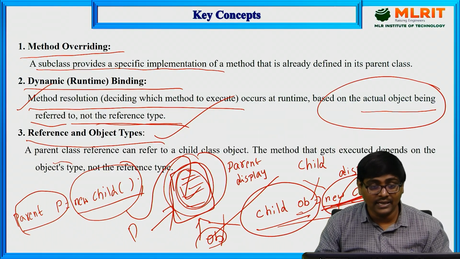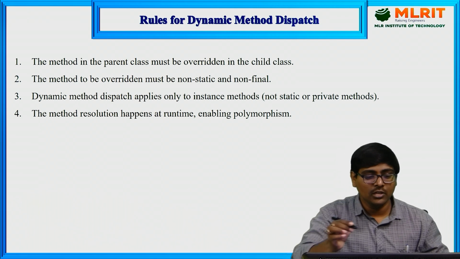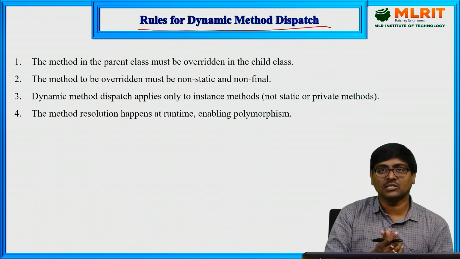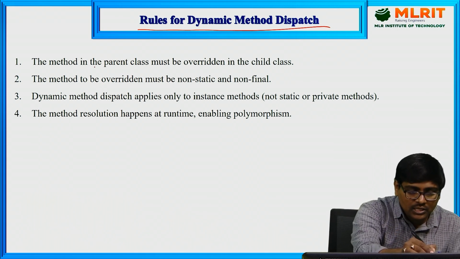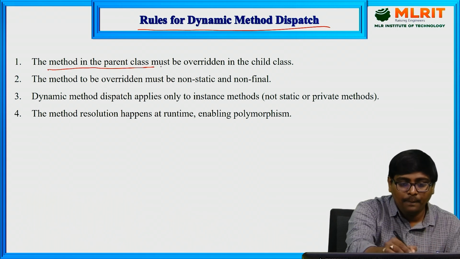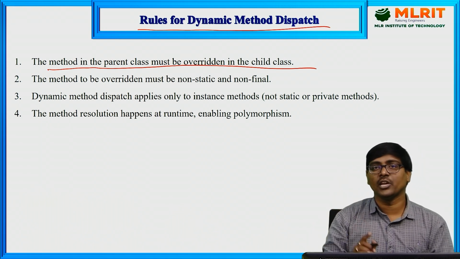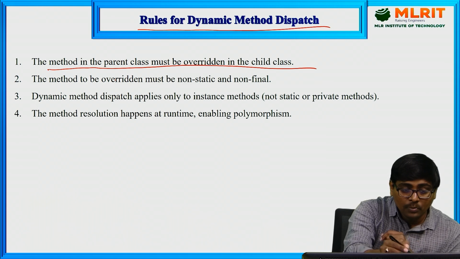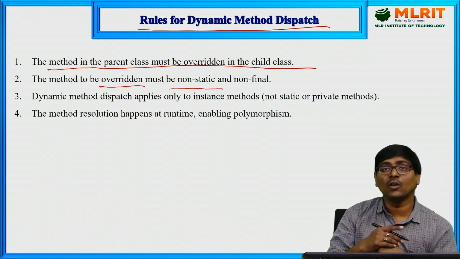Dynamic method dispatch. Now what are the rules you must follow for implementing dynamic method dispatch? First one, this one I just discussed: the method in the parent class must be overridden in the child class. Clear? Now the method to be overridden must be non-static. Why?